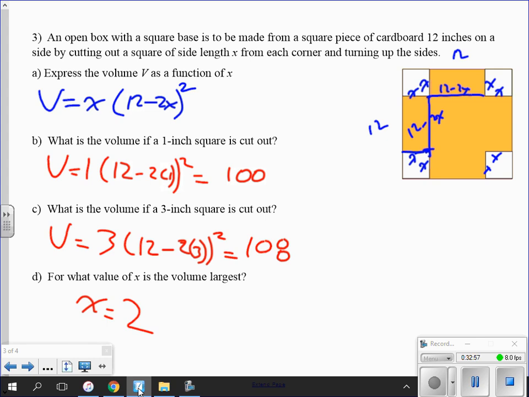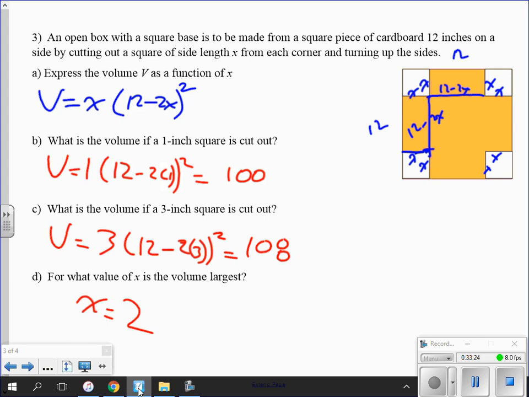What is the smallest possible amount that I could cut out of my corners? 0, which means my volume would be 0. So this one passes through the origin. If I have a 0 x, I will have a 0 volume. What is the largest amount that I could cut out? 6. If I cut out 6, I basically removed everything.